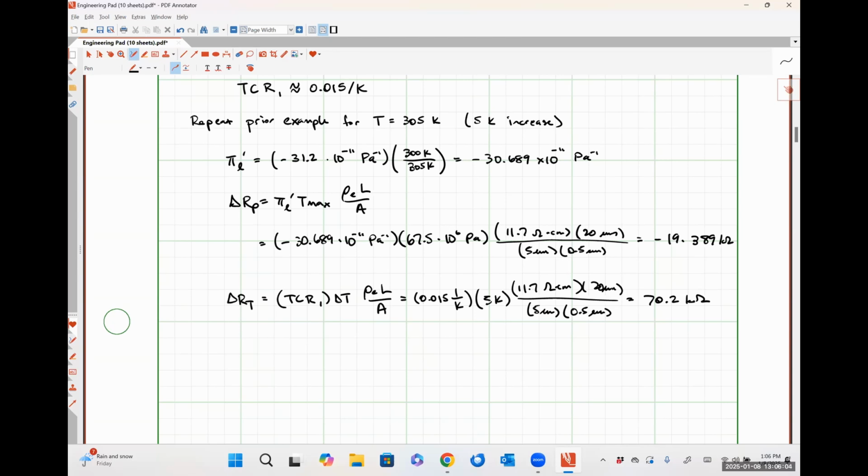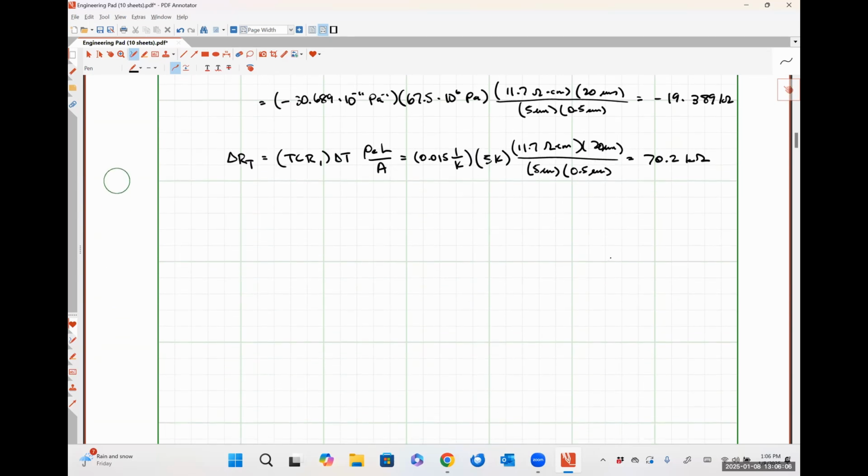So let's look at piezo resistance measurement schemes. Schemes might not be the best word. Maybe methods would be better, but I like schemes.